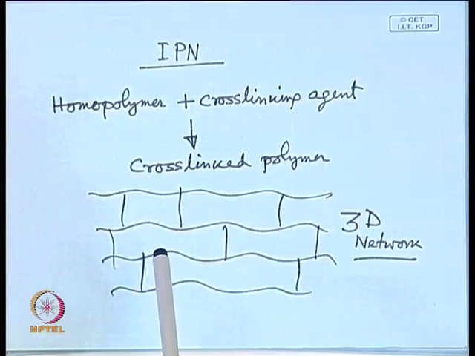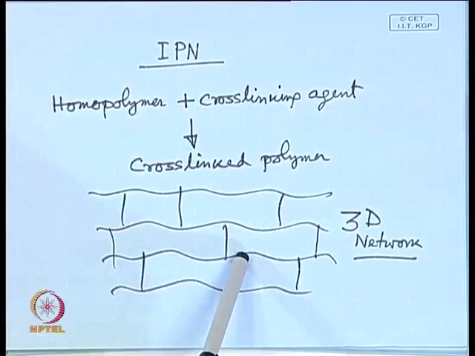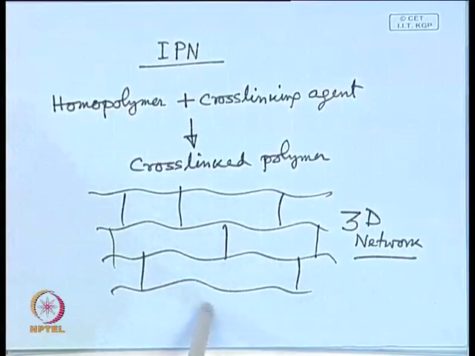Now, if there is again a problem of solubility of the second homopolymer grown inside the 3D network, and you want to make it insoluble and infusible, then you also add a cross linker for the second polymer. So, that will form another network inside this.